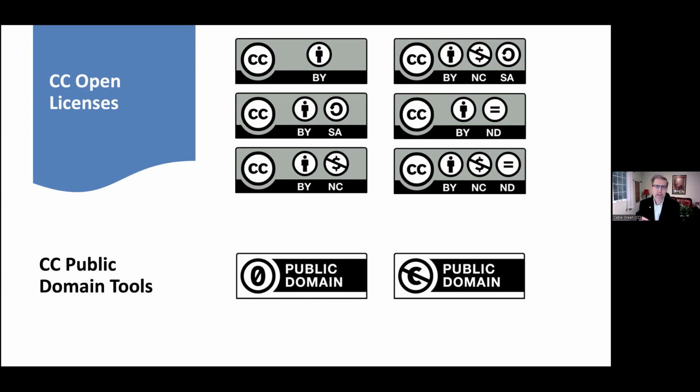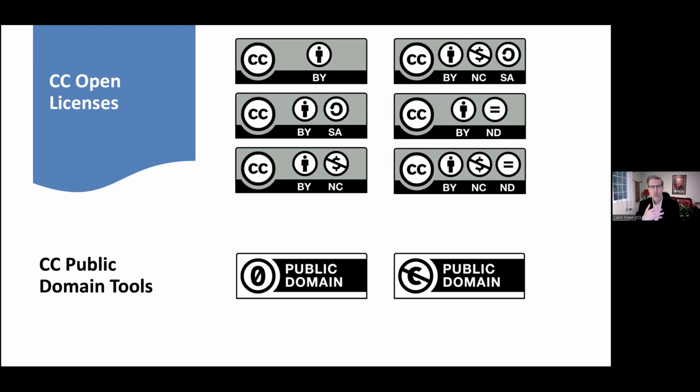So SA means share alike, NC means non-commercial, and ND means no derivatives. So share alike means if you take my work and it has a share alike license on it, then any adaptations, any modified versions of my work must be licensed under the same terms as the original.